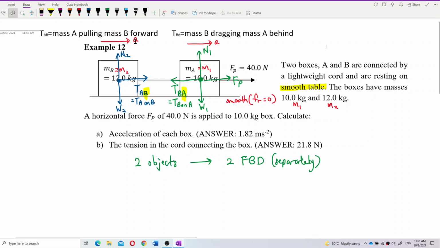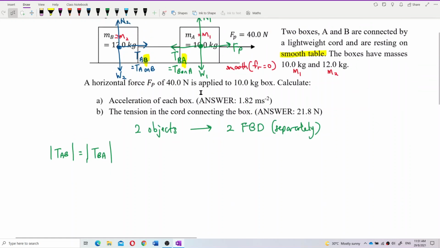That's why TAB is going forward. This force TAB is experienced by mass B. And TAB and TBA are equal in magnitude, just opposite in direction. Okay, so we got the free body diagram already.